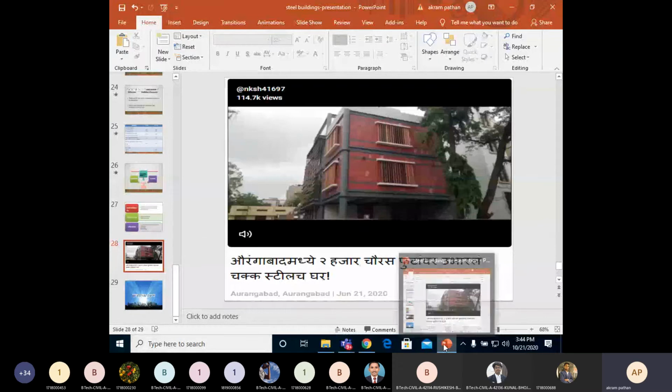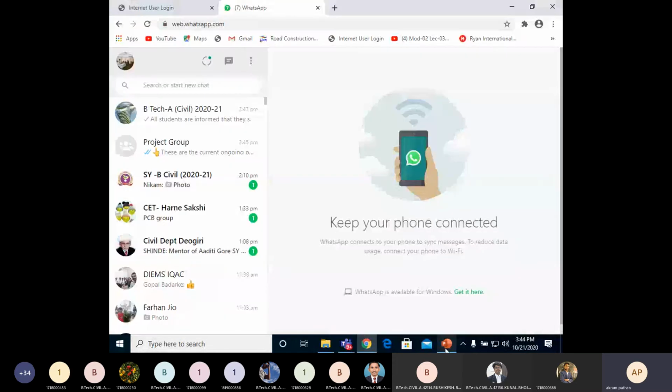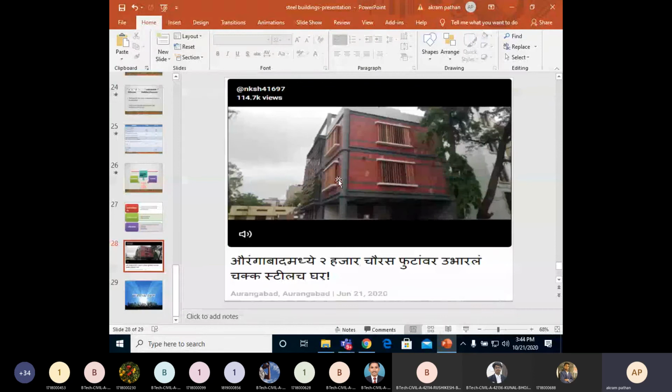So what I mean to say is, with the help of these particular steel structures, we should follow certain steps. We should follow certain building bylaws, as we follow in the case of RCC structures.